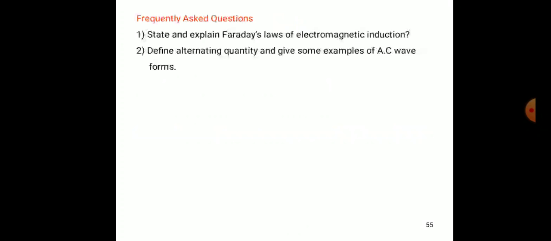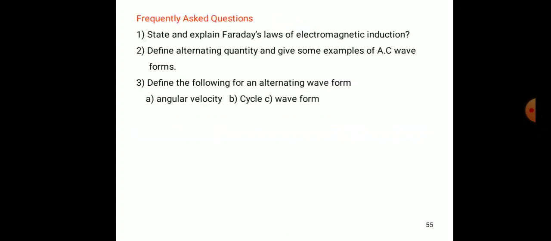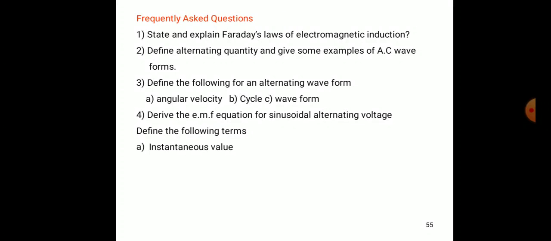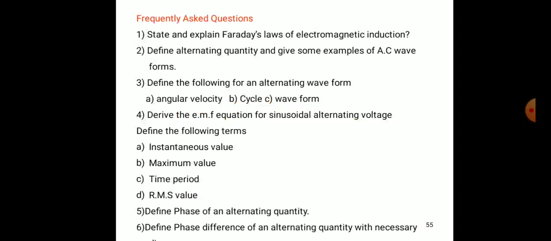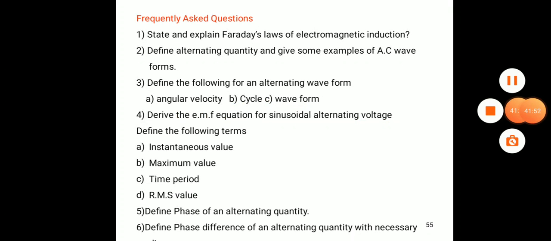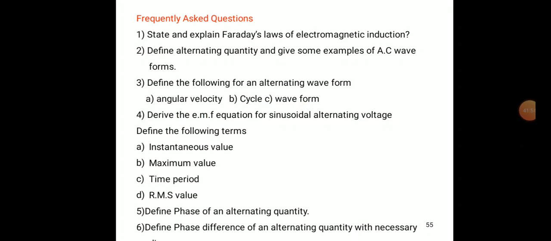Next, the questions we need to discuss. These are the generally asked questions for us. State and explain Faraday's law of electromagnetic induction. Define alternating quantity and give some examples of AC waveform.